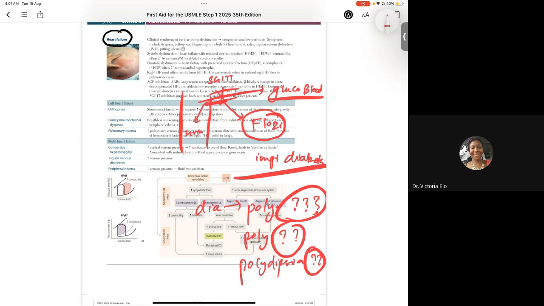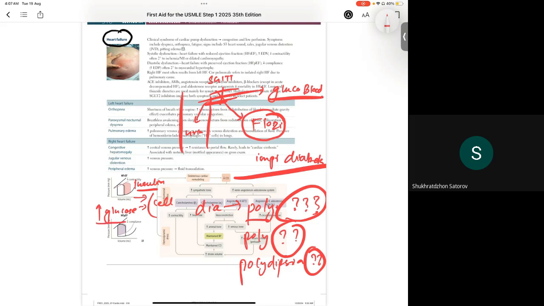Okay, let me just tell you. The polyphagia is really a conceptual thing. Just keep that in mind. Although we have a lot of glucose in the blood in case of a diabetic patient, the glucose cannot enter into the cells. Why? Because we do not have insulin. Glucose is more, but you cannot utilize glucose.